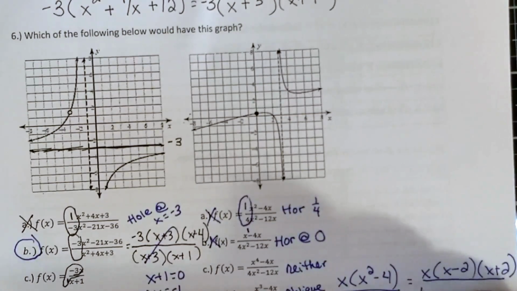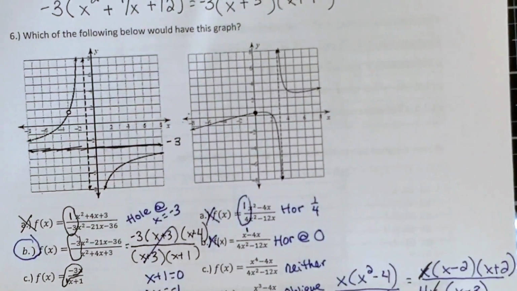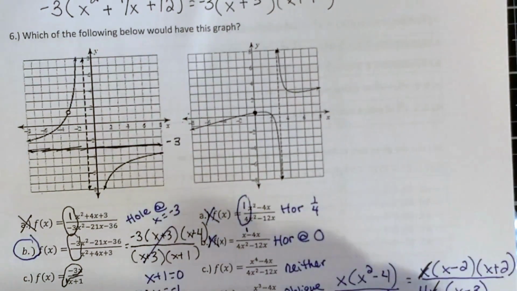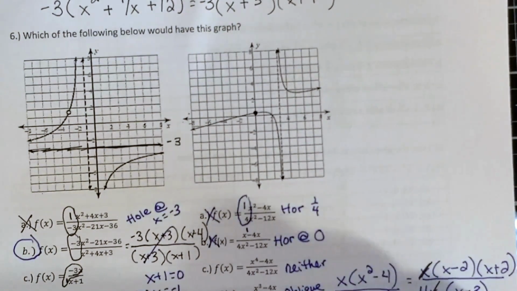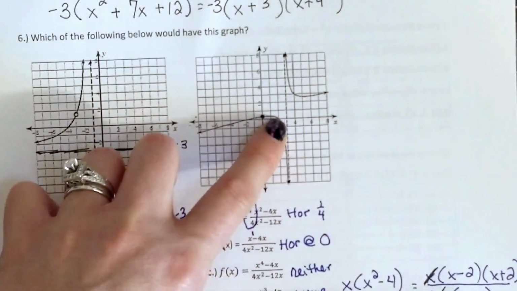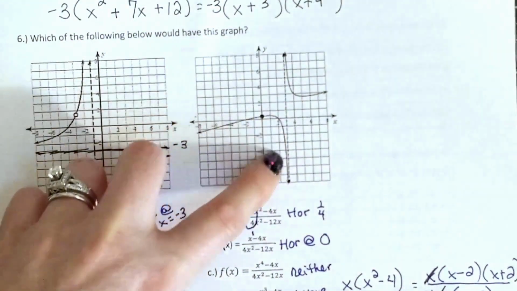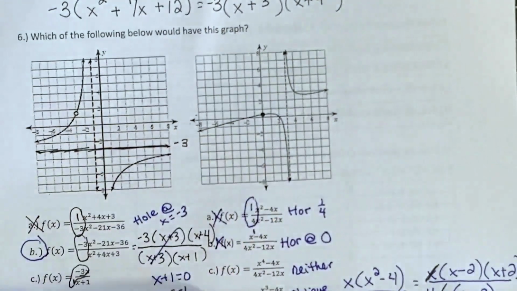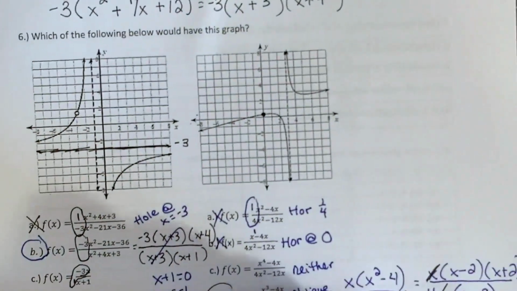So I got a 4 and an x, and I'm left with x minus 3. Those x's would cancel. So if I set the denominator equal to 0, I know that at 3, I have a vertical asymptote. Well, look at my picture. I have a vertical asymptote at 3. So my answer here is D.